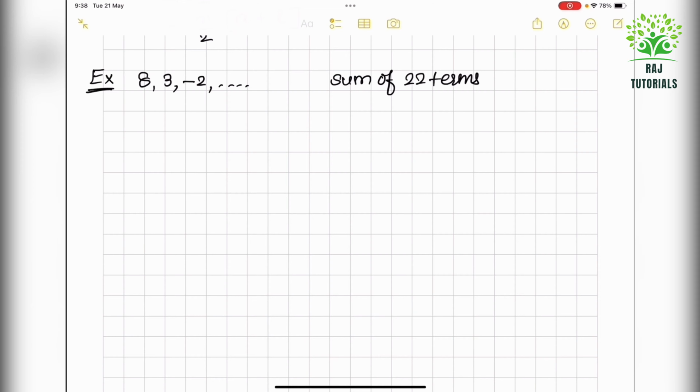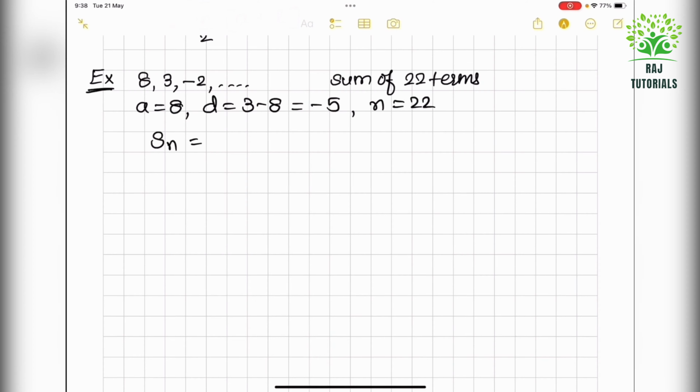First, I am given an AP 8, 3, minus 2, and so on. And he has asked me the sum of 22 terms. So, here a is 8, d will be 3 minus 8, that is minus 5, and n is 22.